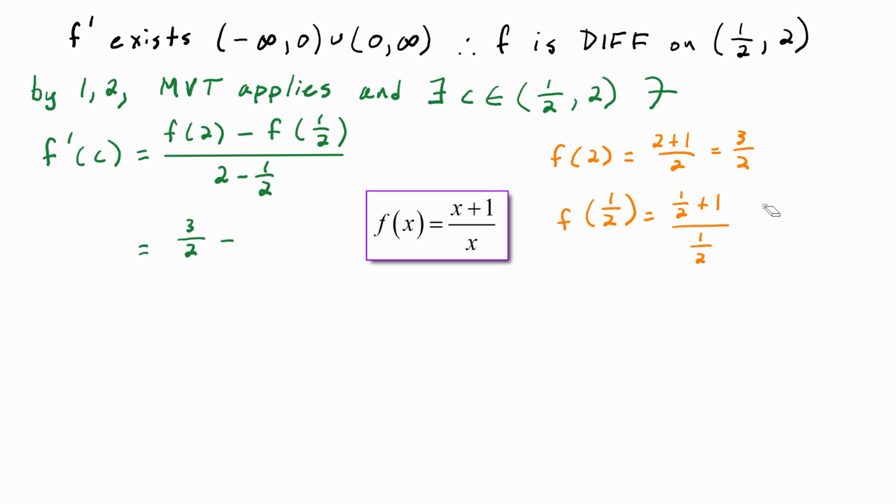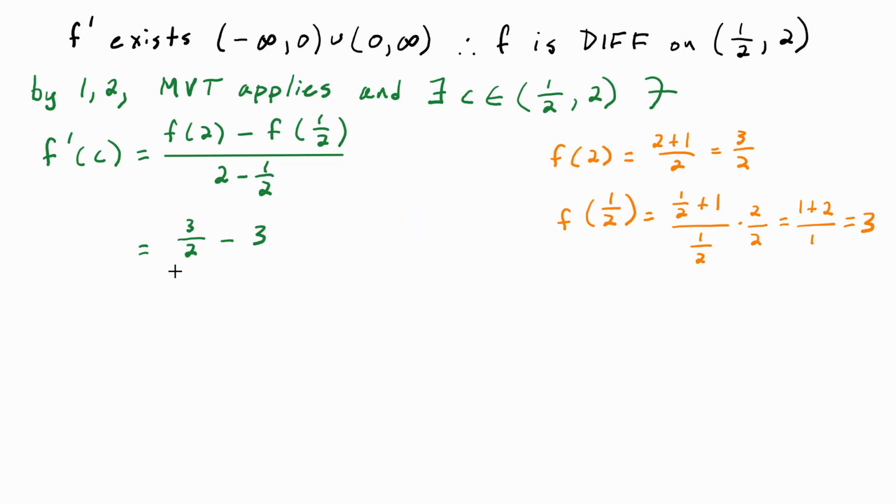Since this is a complex fraction, let's multiply by 1 in the form of 2 over 2. So we would get 1 plus 2 over 1, which is 3. So we can fill that in here, over 2 minus a half in the denominator is 3 halves.